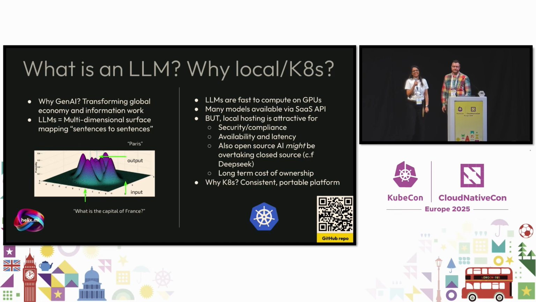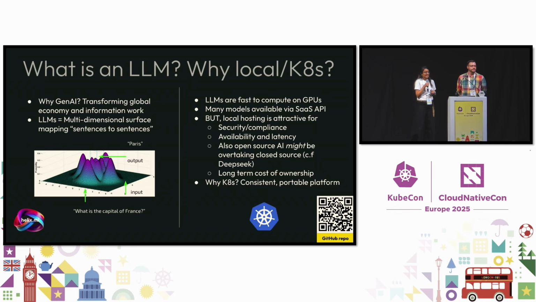We're going to start really, really basic. So what is an LLM? If you're sitting in this room and this is new language for you, probably isn't, but I'm going to introduce it really quickly just to lay enough context to go on to the nuances of running these on Kubernetes. So the mathematical explanation, very simplified, of an LLM is that it's a multi-dimensional function that maps sentences onto other sentences.